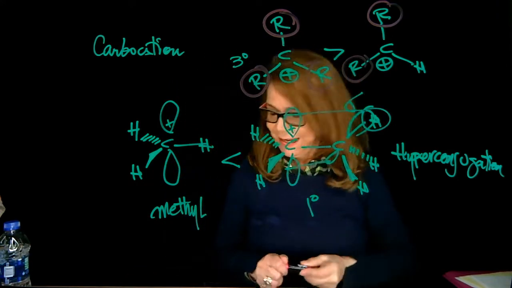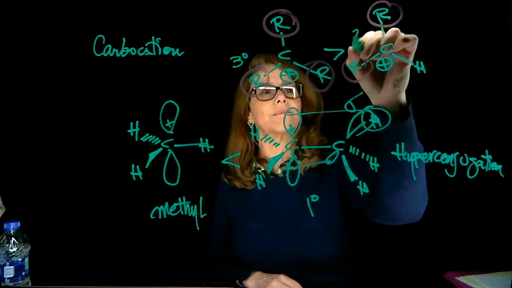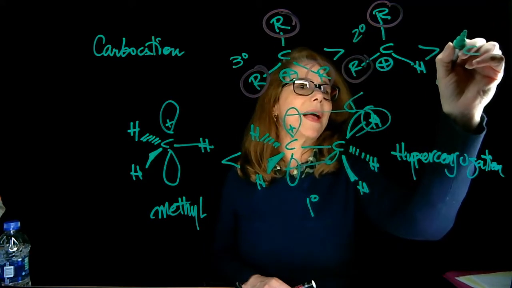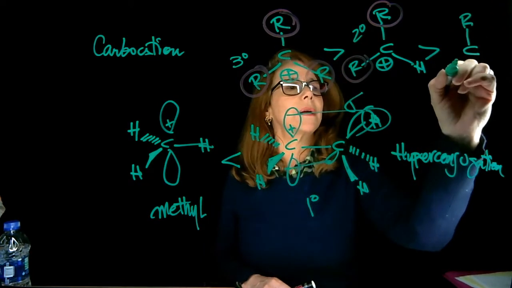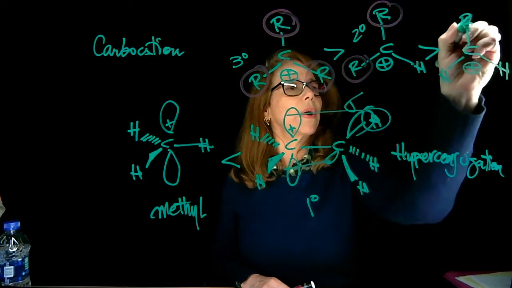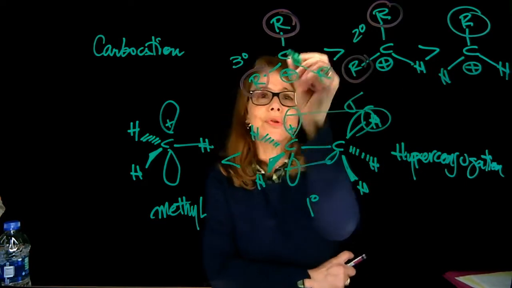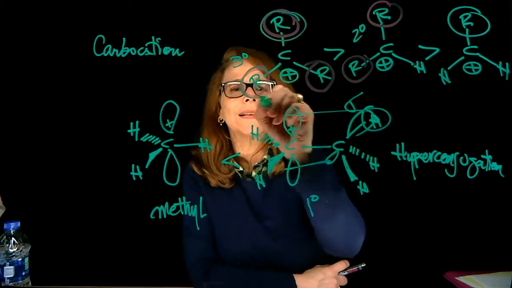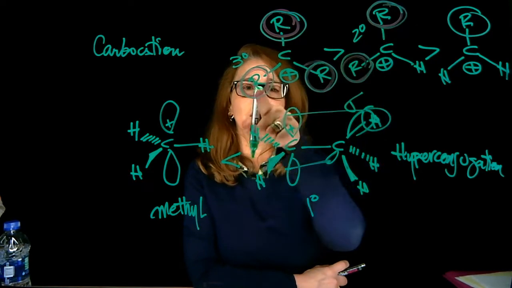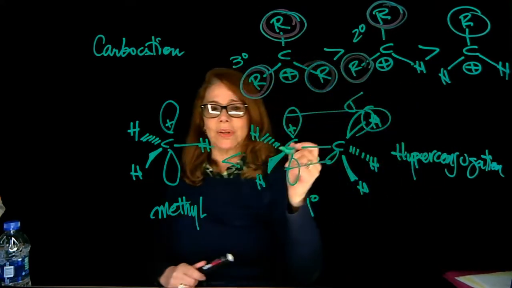And that secondary, with 2 R groups, is more stable than a primary, where I have hydrogen, hydrogen, and only 1 R group. So the tertiary is more stable than the secondary. Here we have 3 R groups, here we have 2, here we have 1, and that is more stable than the methyl.